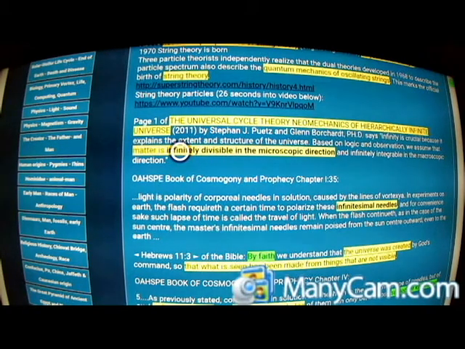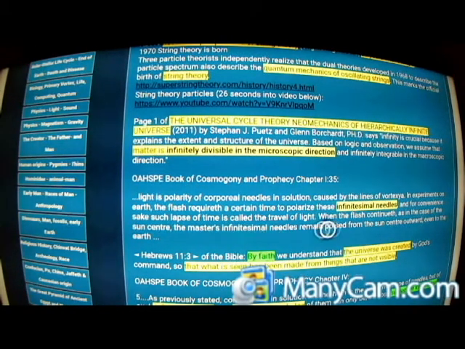Infinitesimal needles, and for convenience sake, such lapse of time is called the travel of light. When the flash continueth, as in the case of the Sun Center, the master's infinitesimal needles remain poised from the Sun Center outward, even to the earth.